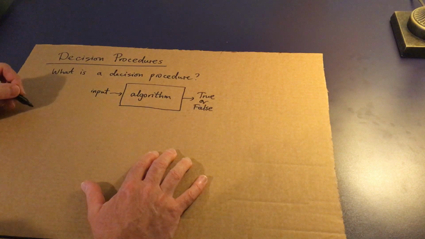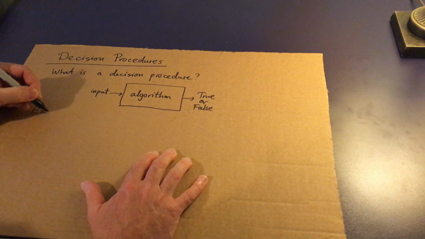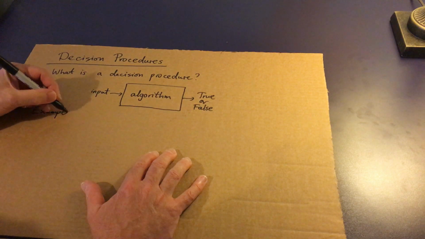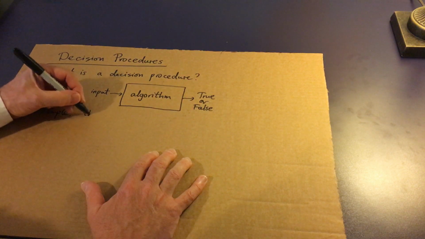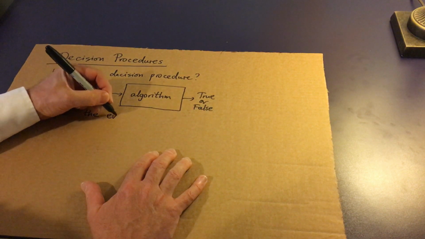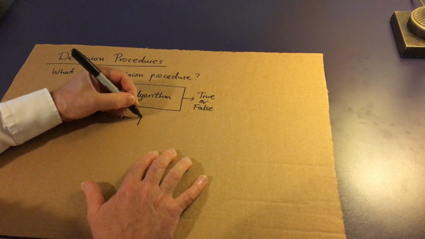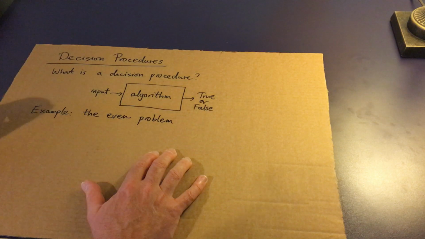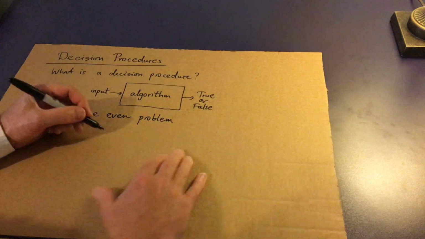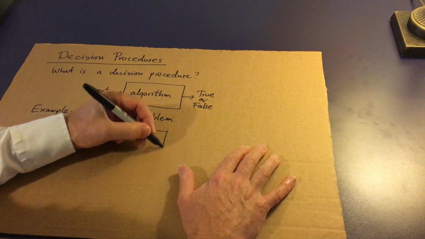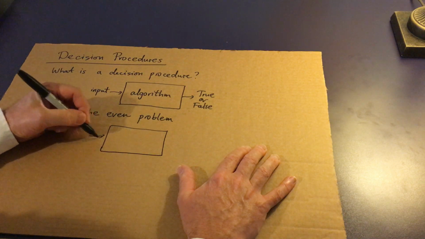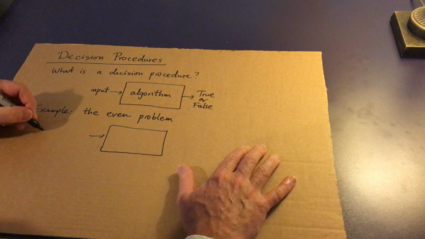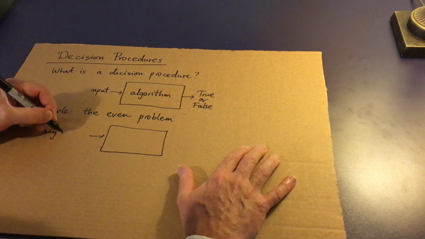Let's give you an example. And we'll call it the even problem. So the even problem consists of this. The input is any integer you like.